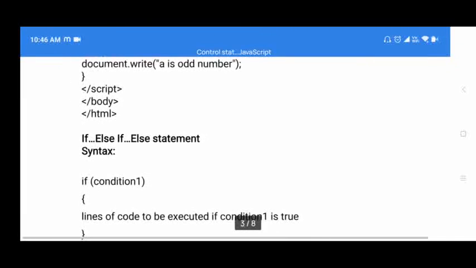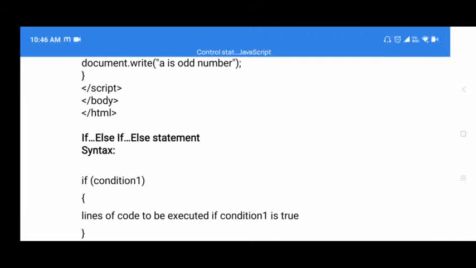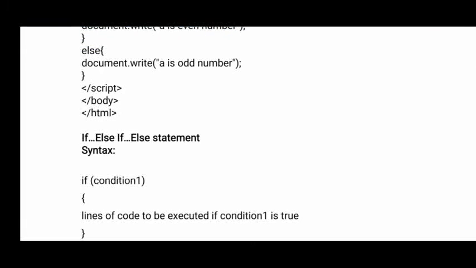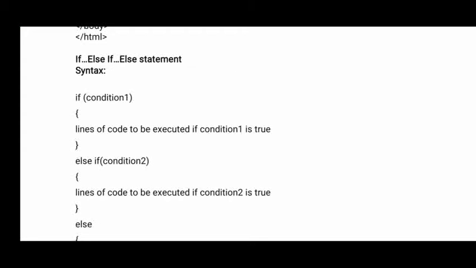Now the next one is the if-else if statement. First we check the condition. If the condition is true, the true block will be executed. If the condition is false, then we check another condition. That is possible by using an else if condition.